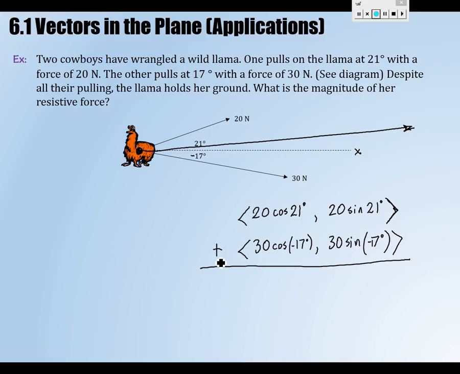I'm getting 47.4 newtons, and over here something else. Negative 1 point, wait.